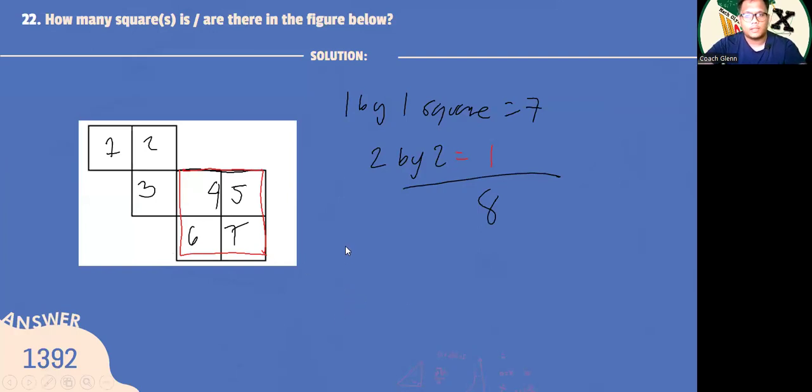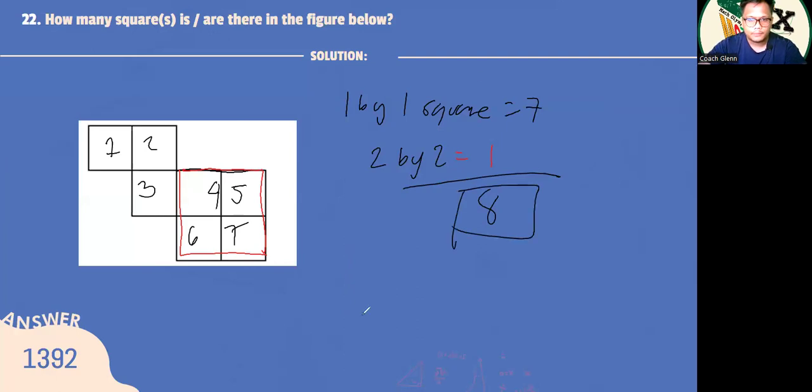Wait, why is it 1392? Wait, let me double check. Yeah, it's 8. That's a typo. The final answer here is 8.